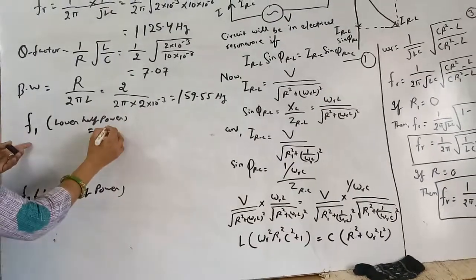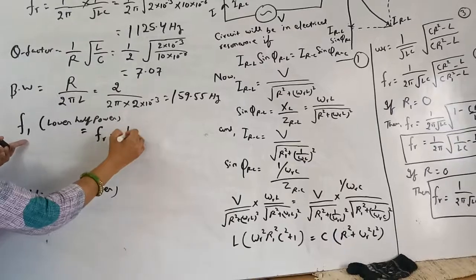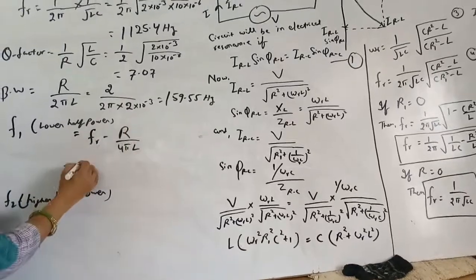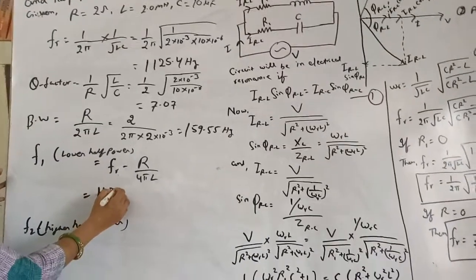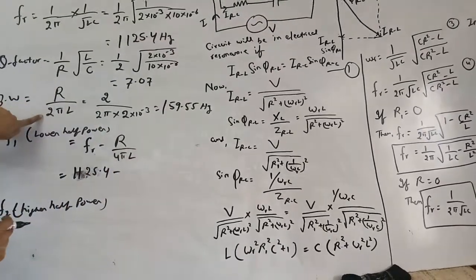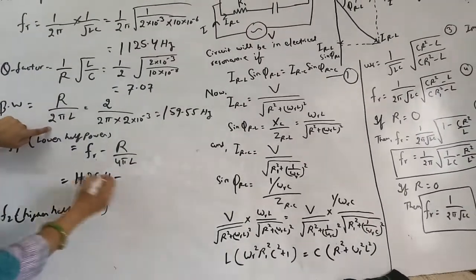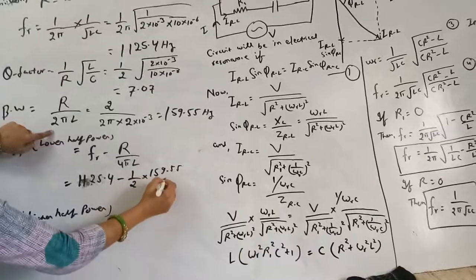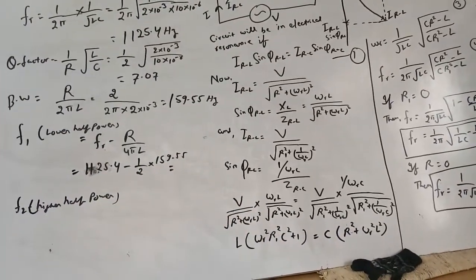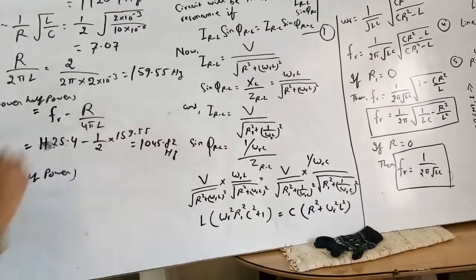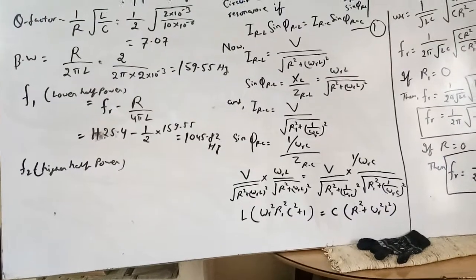One is FR minus R upon 4 pi L. You can put the value FR equals 1125.4 minus 1 upon 2 into R upon 2 pi L. We have calculated R upon 2 pi L, that is 159.55. You can calculate this value and it is coming 1045.82 hertz. It is your lower half power frequency.